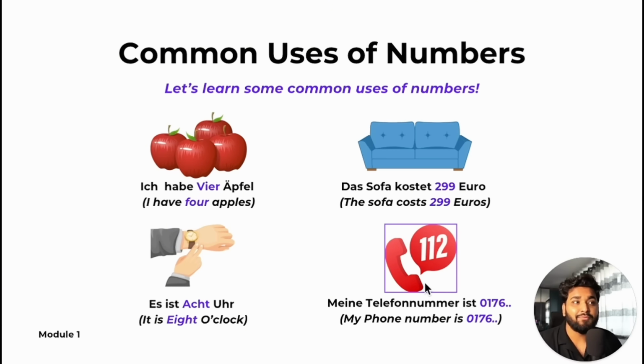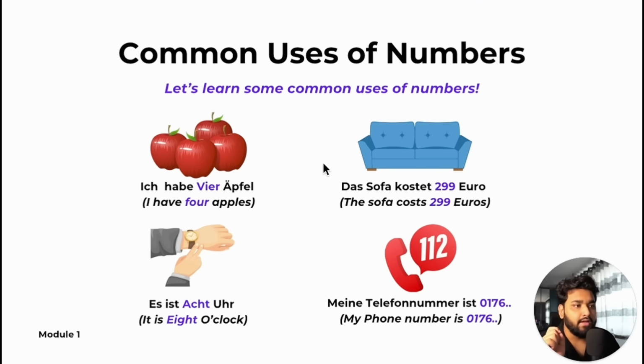So, common uses of numbers. Let's learn some common uses of numbers. Let's say, how do you say I have 4 apples? You see here, I have 4 apples. So it will be ich habe 4 Äpfel. Apfel is the singular form and Äpfel is the plural form.